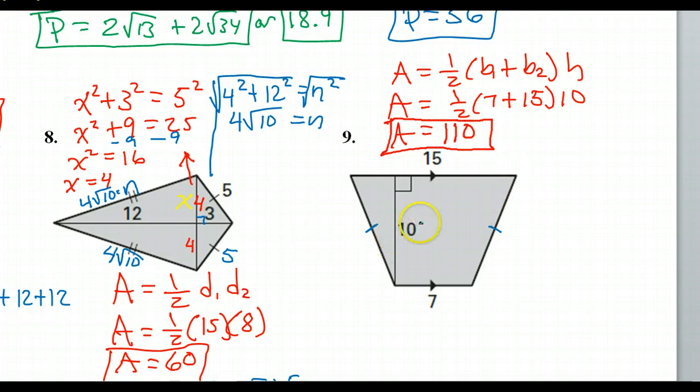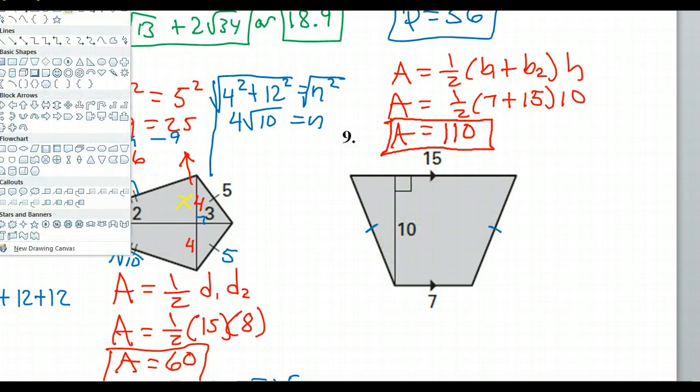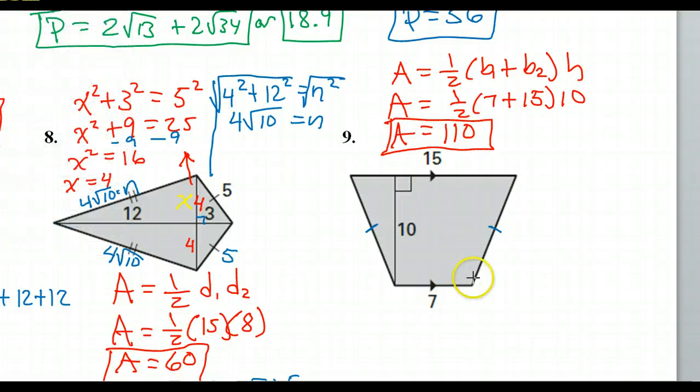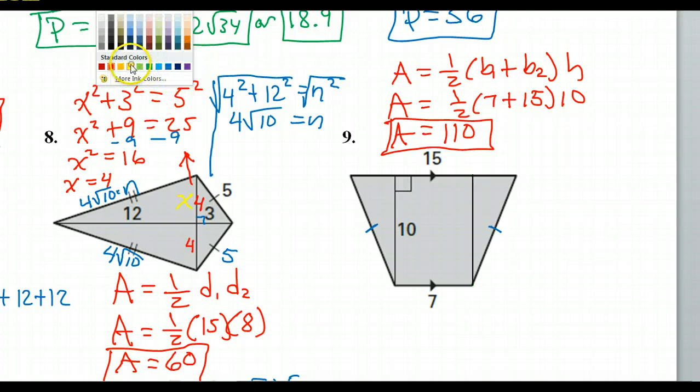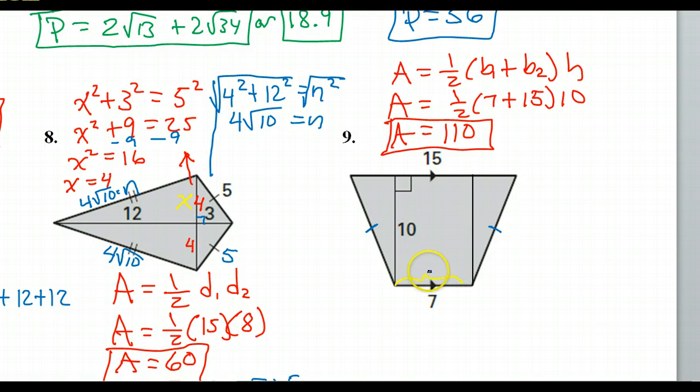Alright, now to find the perimeter, we're going to have to do some shenanigans, including making another altitude. Okay, realizing that if this side down here is 7, if that is 7, then that means this is 7 as well. Okay, keep that in your mind.